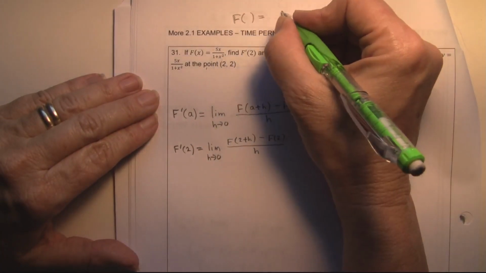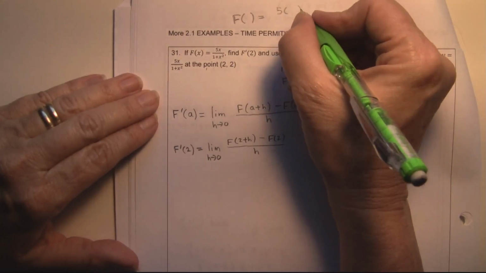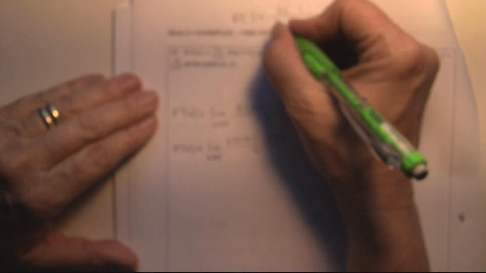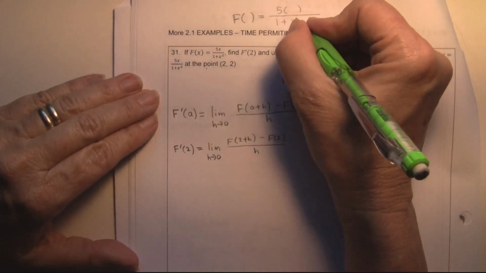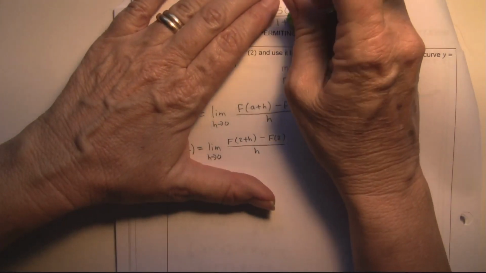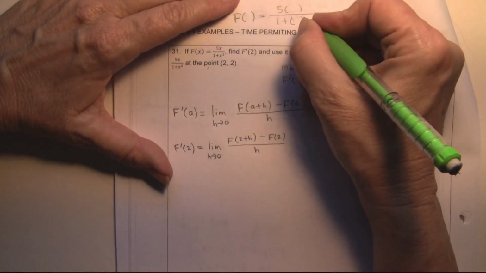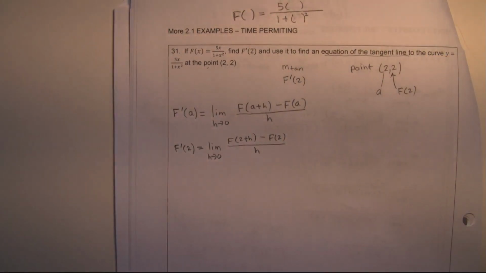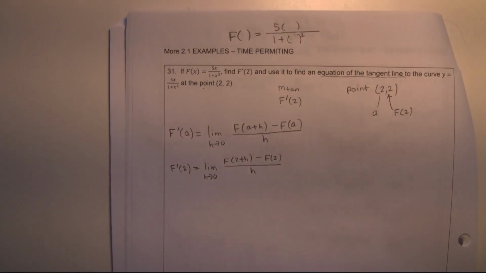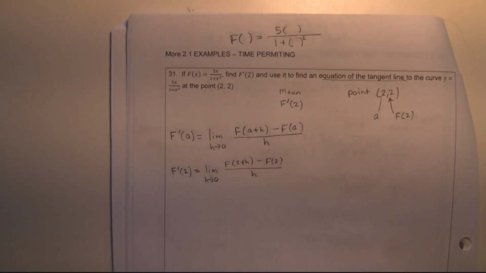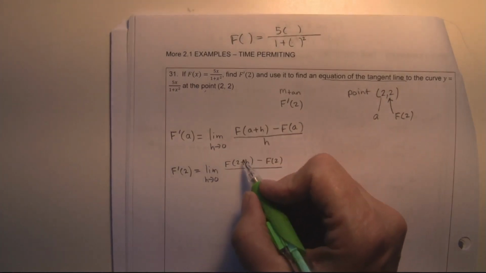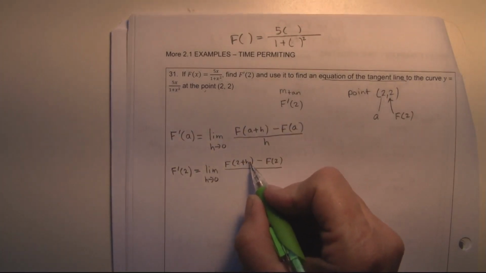People who don't do this don't get the right answer all of the time. And if you want to get the right answer all of the time, everywhere you see x, you put a parenthesis. Why didn't I put a parenthesis? Because I was talking. I'm going to be filling that parenthesis in right here with 2 plus h.